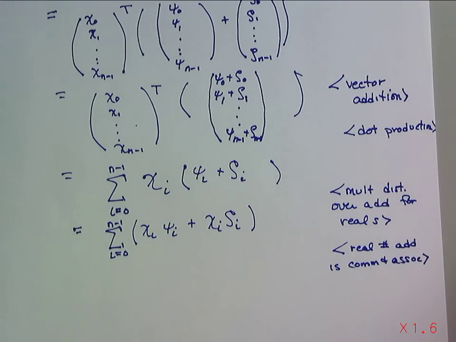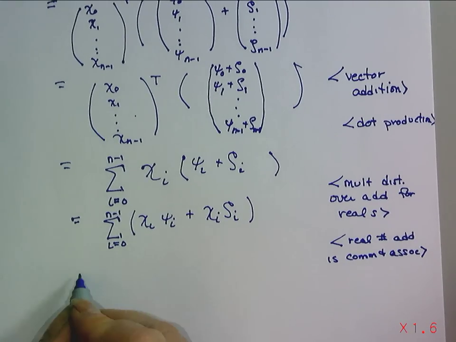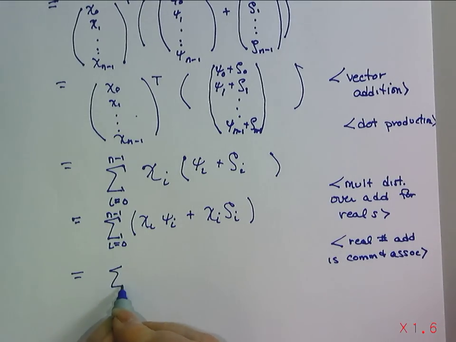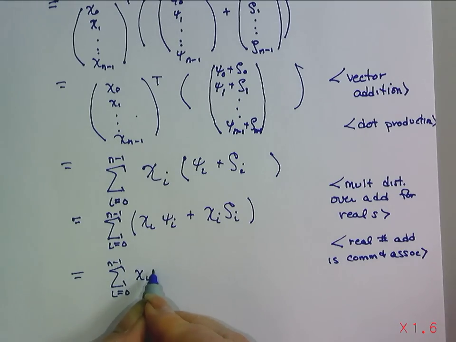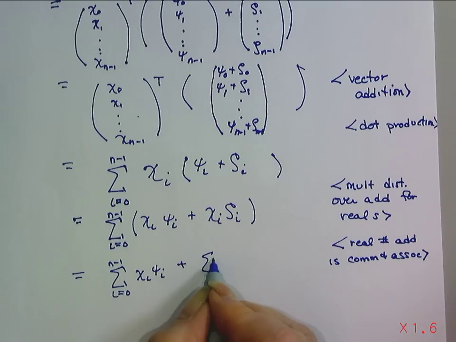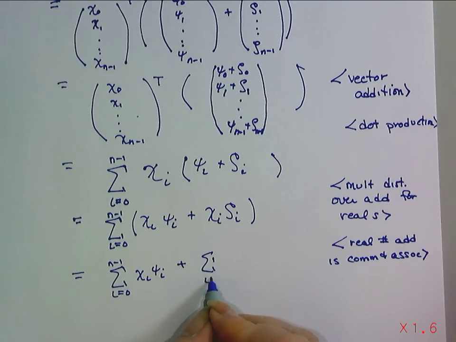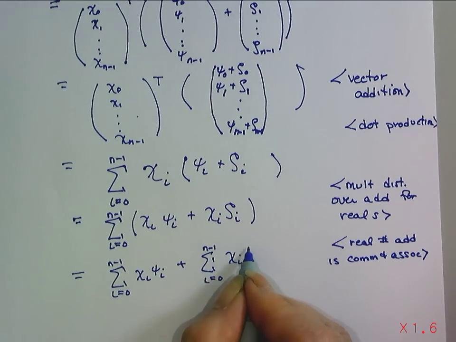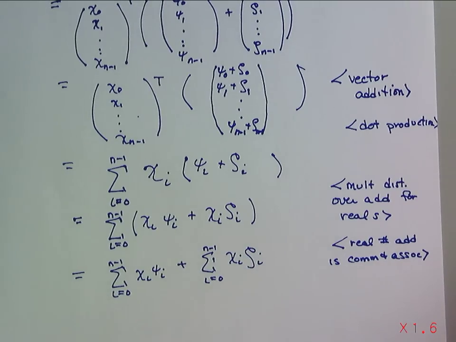we know that this sum is equivalent to the sum from i equals 0 to n minus 1 of the chi i's psi i's plus the sum i equals 0 to n minus 1 of the chi i's times the zeta i's.